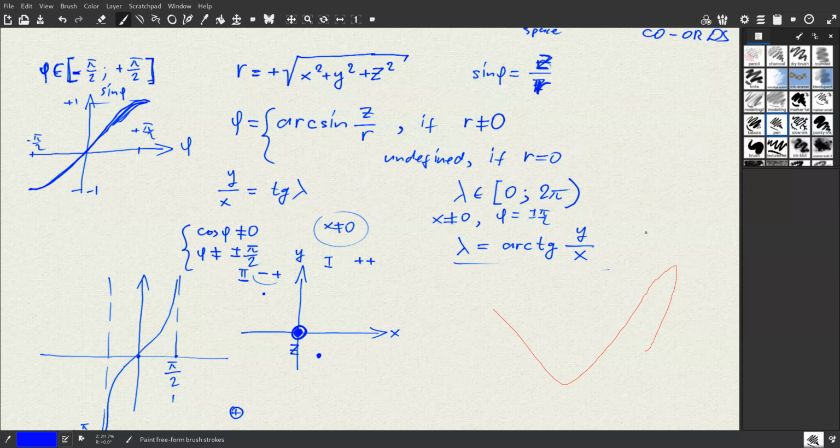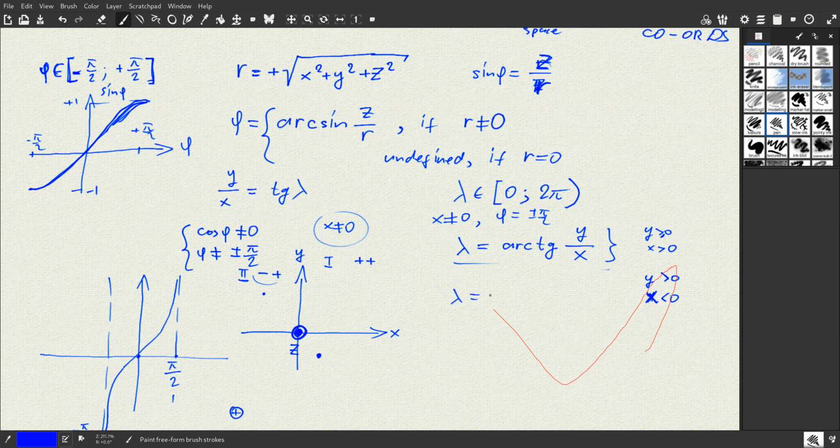So if y is greater than or equal to 0 and x is greater than 0, then this works. But if y is, let's say again, greater than 0, x is negative, then this formula doesn't work.